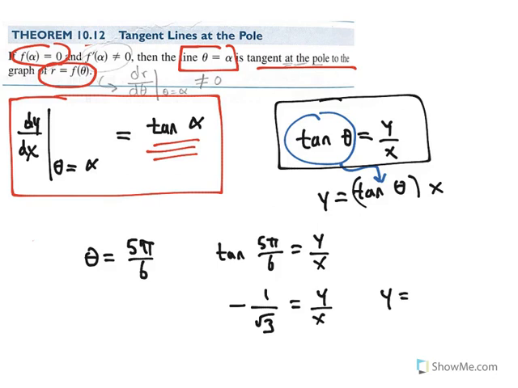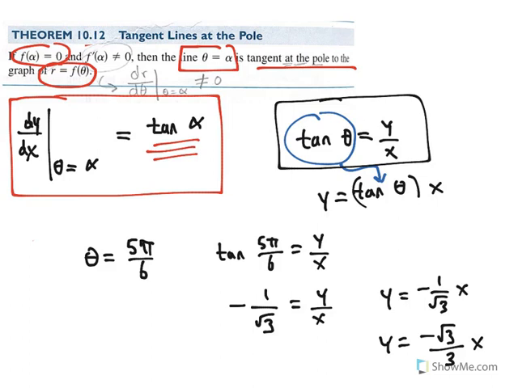And if you solve this equation for y, you get y is equal to negative 1 over square root of 3 times x, or if you rationalize the denominator, negative square root of 3 over 3 x.